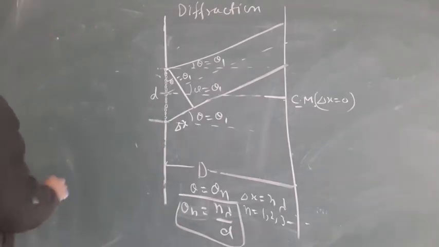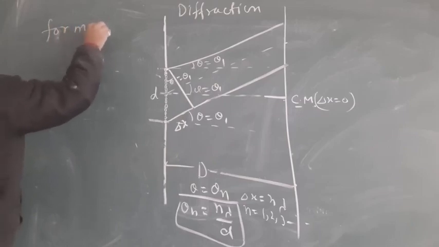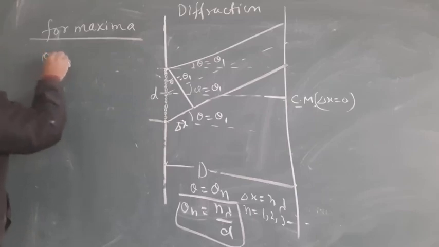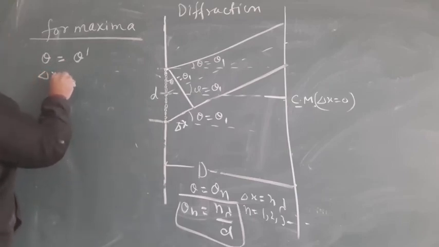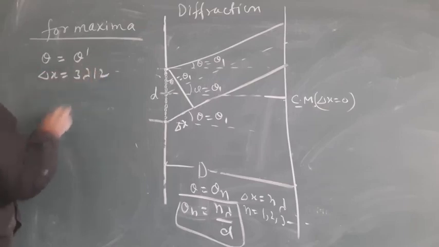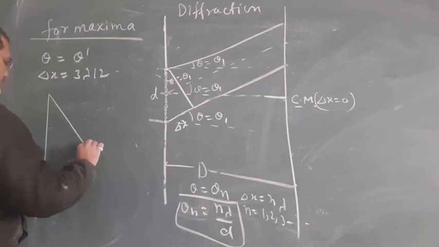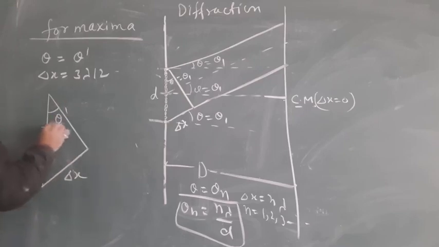Now move on to maxima. For maxima, let theta equal theta dash, and the corresponding path difference is 3 lambda by 2. This is delta x, this is theta dash. The slit can be divided into 3 equal parts of lambda by 2.